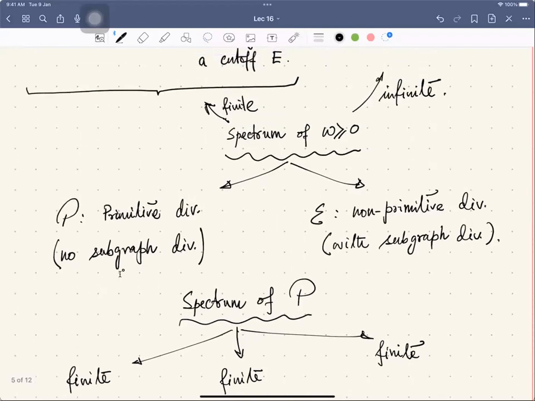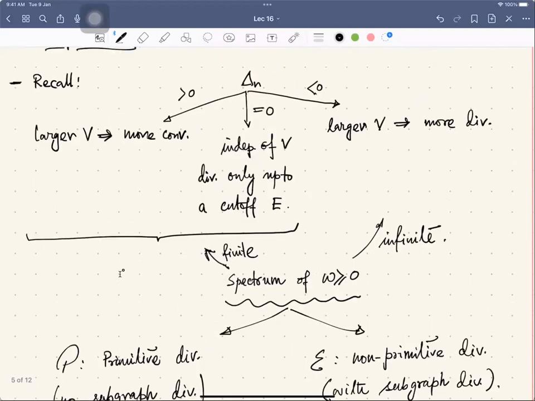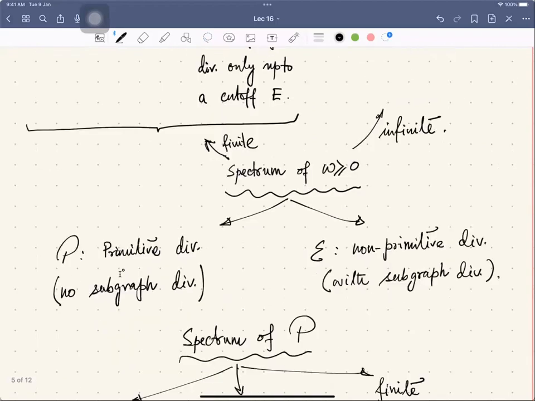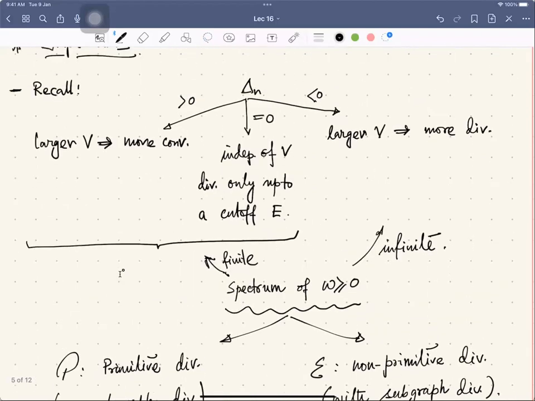Now, for the first case, it is easy to understand, where there is a restriction on what we can get for the spectrum of omega.